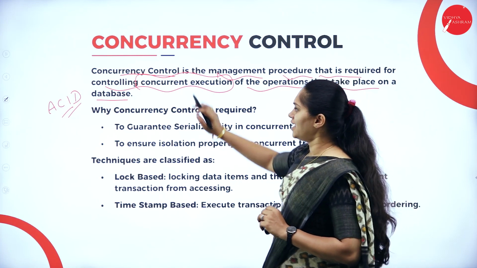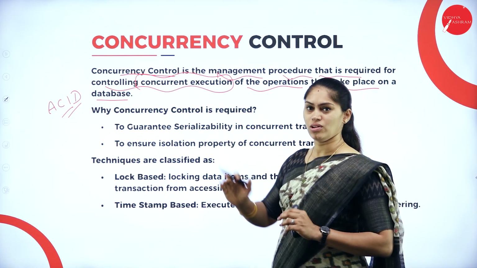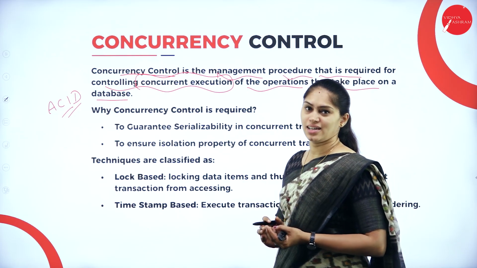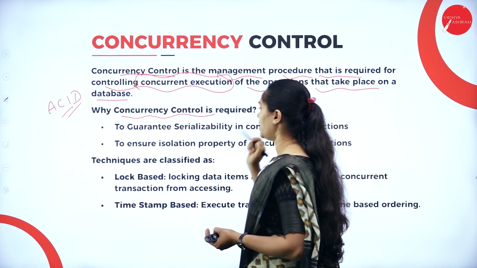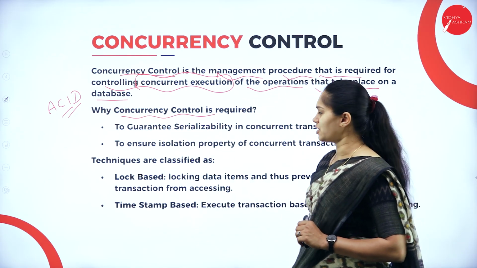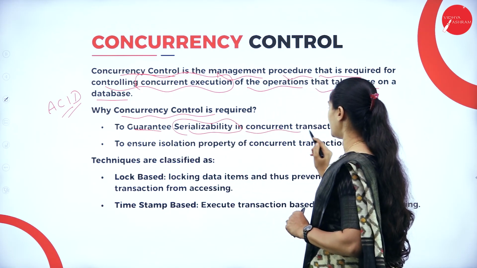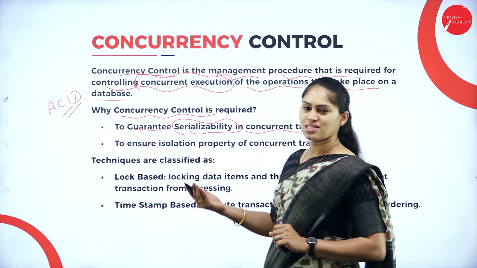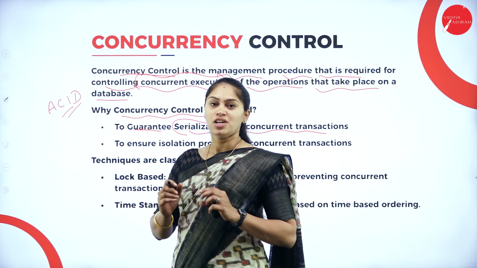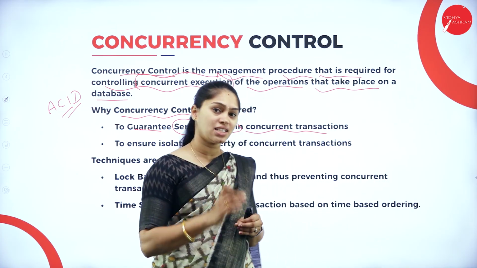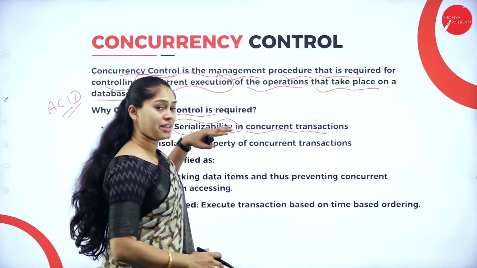Now we got to know what concurrency control is. Now we'll see why this is required, that means what is the need of having concurrency control. Mainly to guarantee serializability in concurrent transactions, whether it is a serial or non-serial schedule. Whenever we have concurrent execution, there must be serializability.